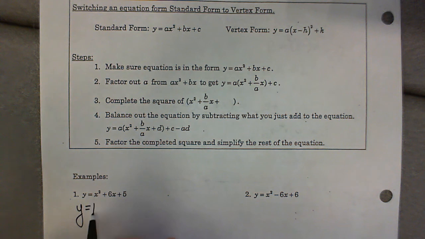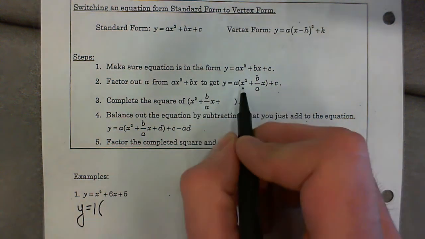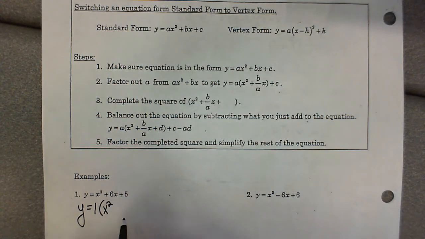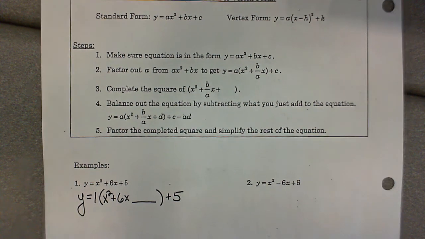So we're going to take the a out, and then in parentheses we're just going to list the x squared and the x term. So this is going to be x squared plus 6x. Then I'm going to leave a gap because we're going to come up with that third term, and I'm going to write the plus 5 on the outside of the parentheses. Okay?